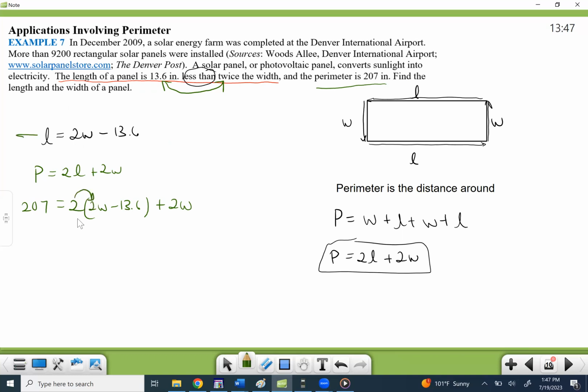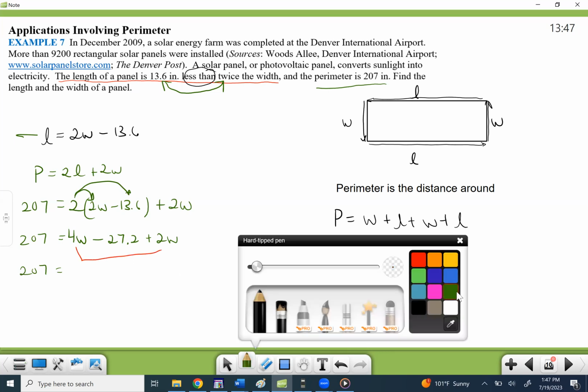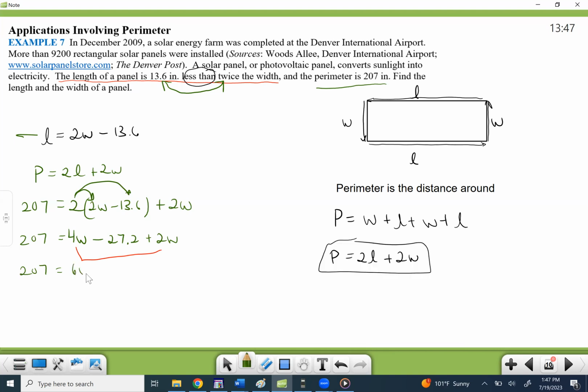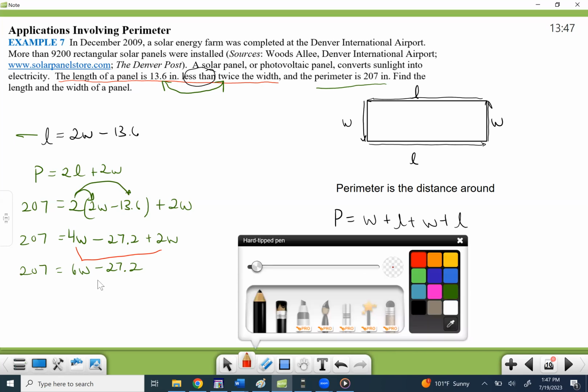Let's distribute. So 4w. 13.6 times 2 is 27.2. Find like terms. 2w plus 4w gives us 6w. All right, save the 6 for last. It's in front of the variable.